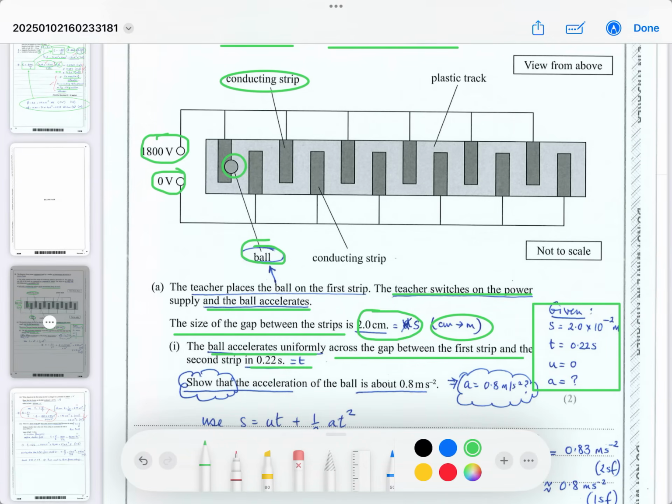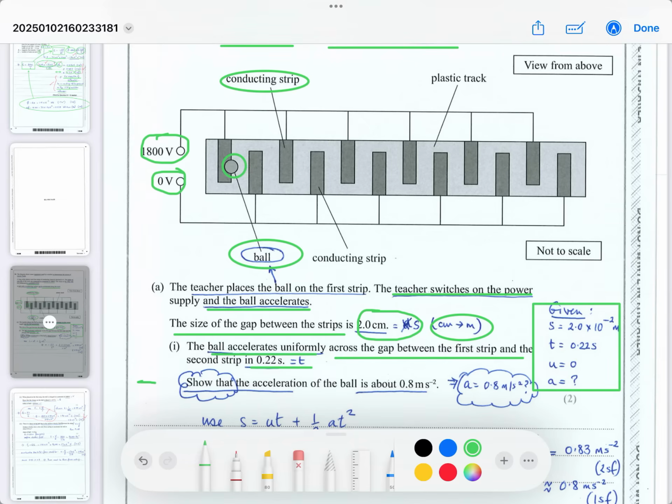Okay? So you're given all that information, and you know that initially the ball was at rest. The ball was at rest initially when it was placed on the first strip. So we know that u is 0.